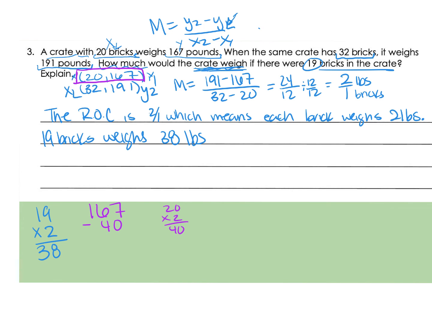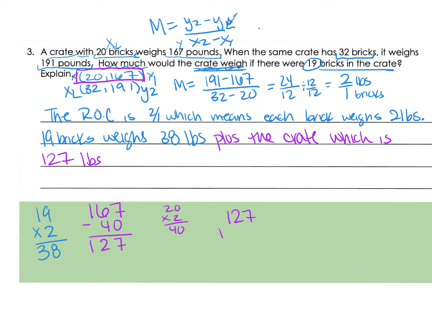So I'm going to subtract the 40 pounds for those bricks. And I see that the crate weighs 127 pounds. 19 bricks weigh 38 pounds plus the crate, which is 127 pounds.